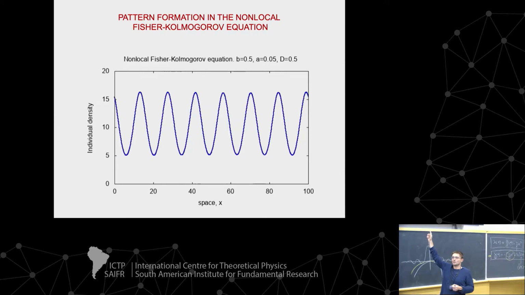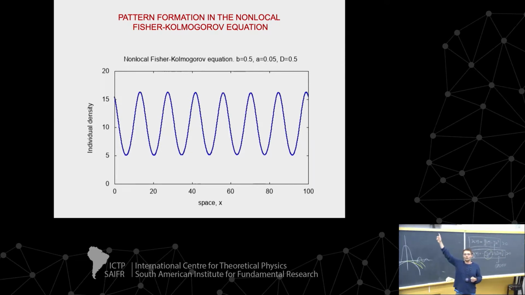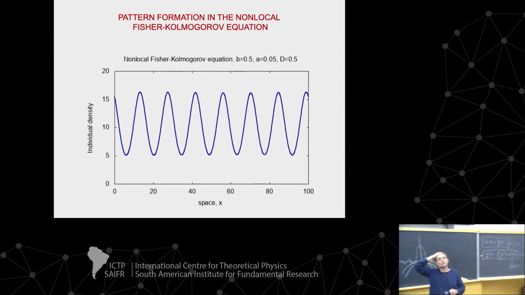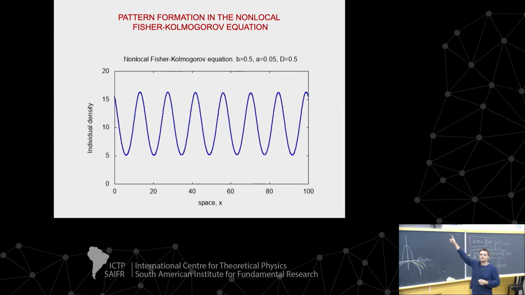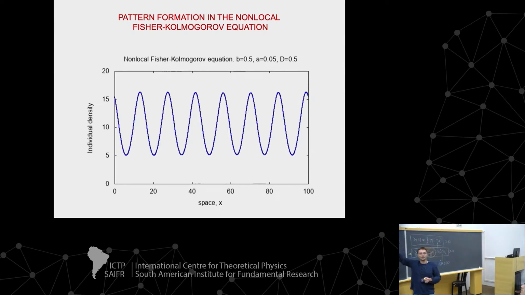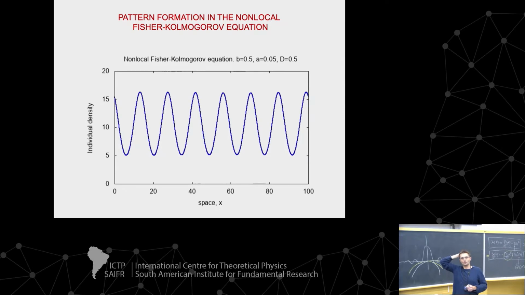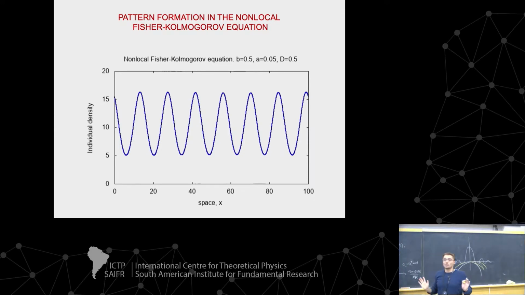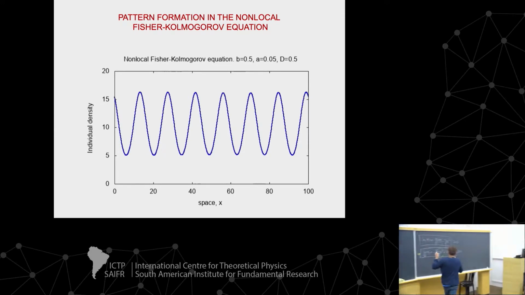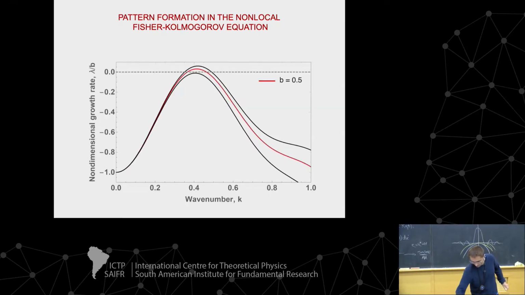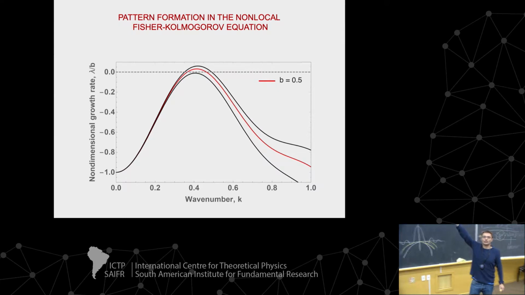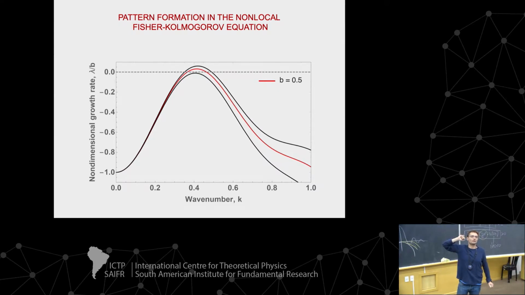Do you think we can know something about the wavelength of this solution, of this pattern? So this is a periodic solution, right? Can I know something about the periodicity, or I can't? It's a tricky question, a little bit. Good question for the last lecture. So in principle, I know that I have only a range of wave numbers that are unstable, right?